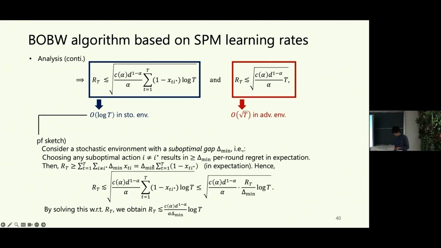So we can see that from this lower bound, the sum of 1 minus XTI star is bounded from above by regret again. Yeah, regret is bounded by an expression including regret again. So by solving this inequality with respect to RT, we get a log T upper bound.